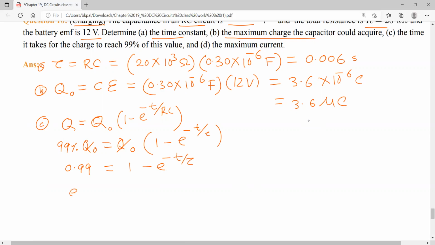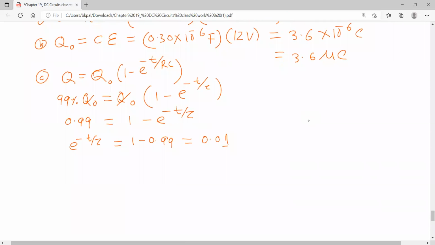So let me take e to this side, and it shows me that e to the power minus t over tau is equal to just 0.01. Now if I take the natural log on both sides, I get t over tau here, and the natural log of 0.01 is equal to negative 4.61.